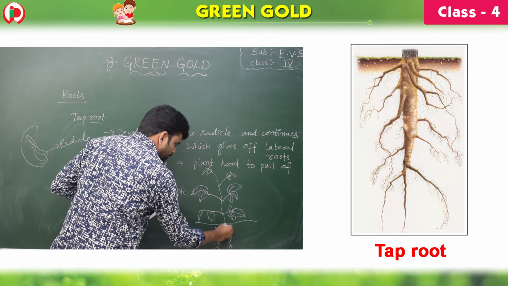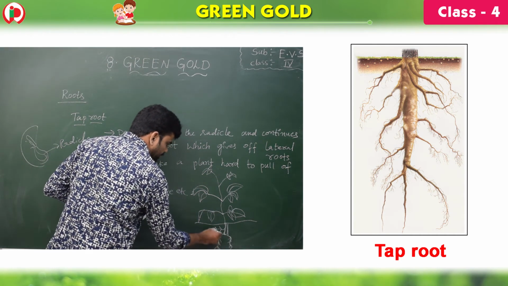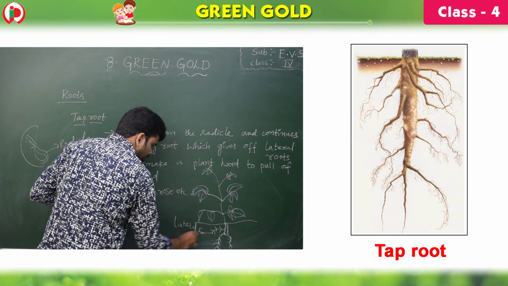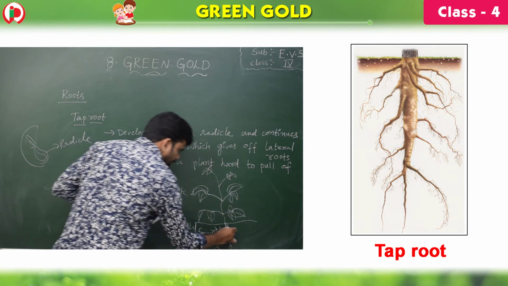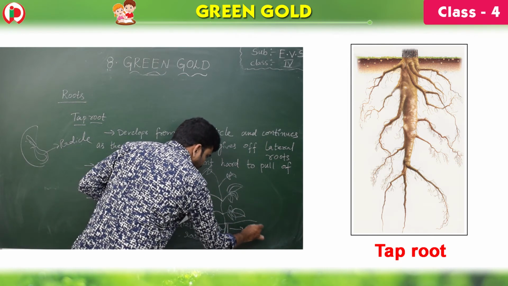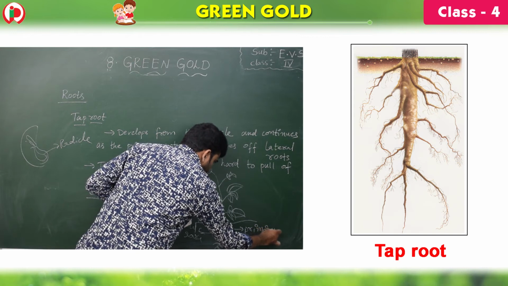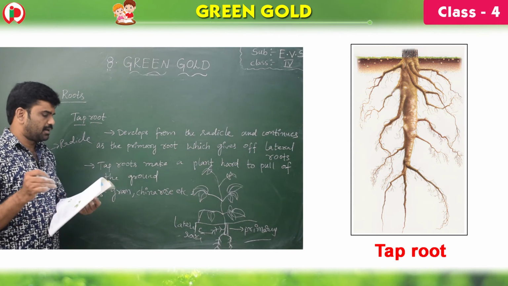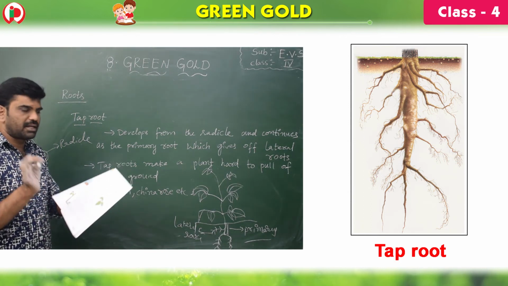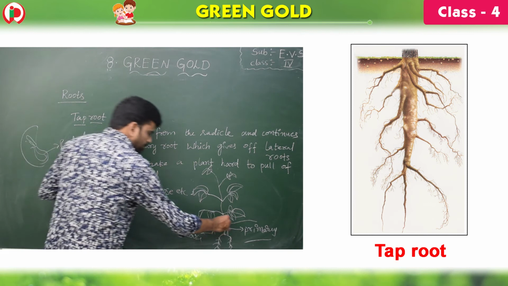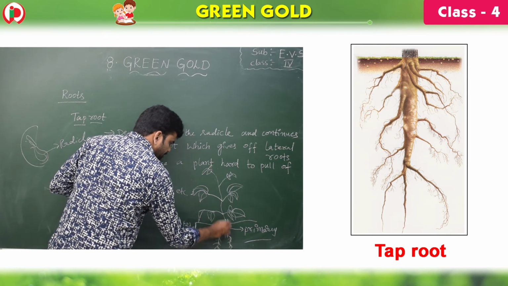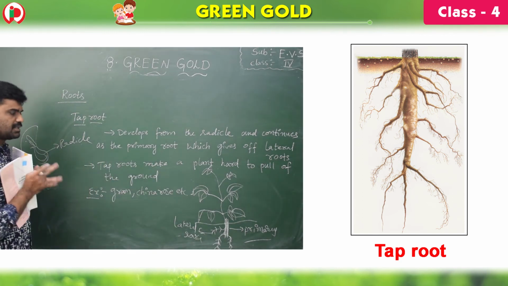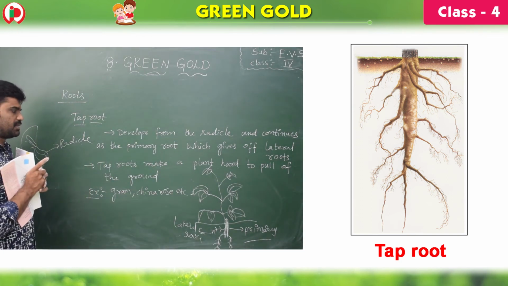So this is the primary root, and these are the lateral roots. This primary root is absent in the fibrous root system, where slender, fiber-like roots arise. The primary root is present in the tap root system, whereas it is absent in the fibrous root system.